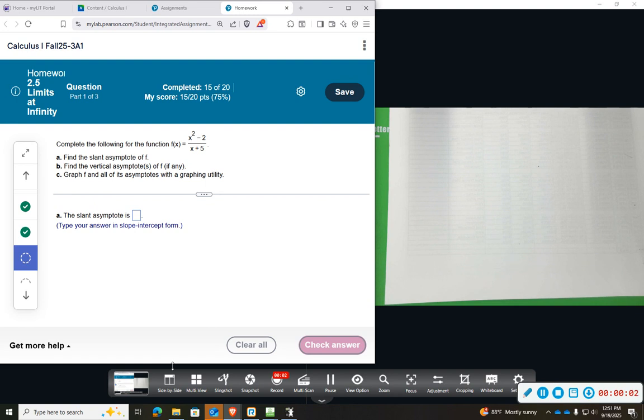Number 16, we want to find the slant asymptote, the vertical asymptotes, if any, and graph F and all of its asymptotes on a graphing utility.